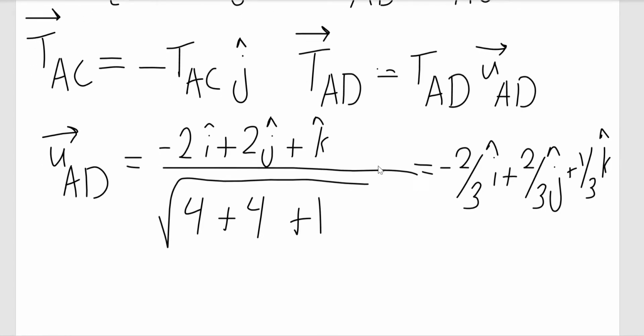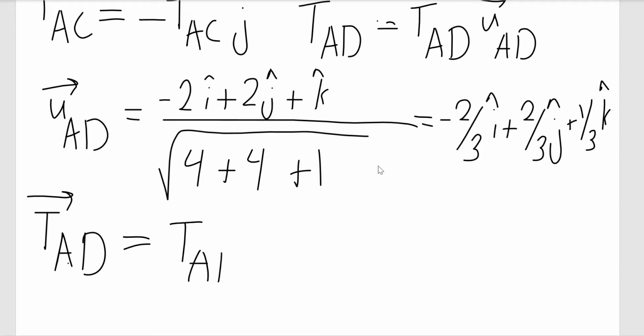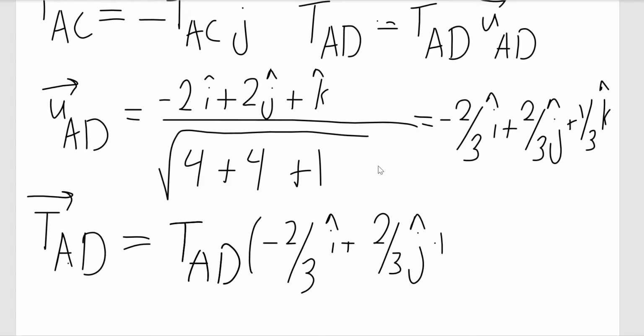So now that I have the unit vector, I can write TAD in a Cartesian form. So TAD is simply the magnitude of TAD, I don't have it, that's why I just keep writing it like TAD, times the unit vector, negative 2/3 i plus 2/3 j plus 1/3 k.